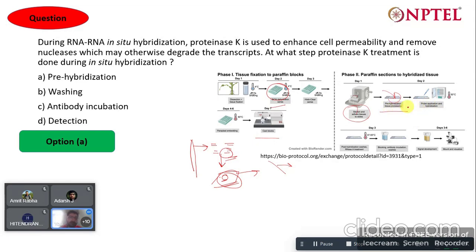After permeabilization the RNA probe is added to the cells, and after that we do basic blocking steps so that the probe does not bind to unnecessary locations or give unnecessary results. After the blocking and the incubation, it is followed by mounting and analysis in the microscope. So this is how the basic hybridization technique is followed.